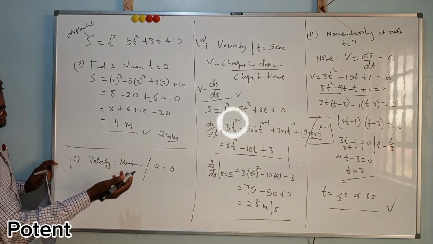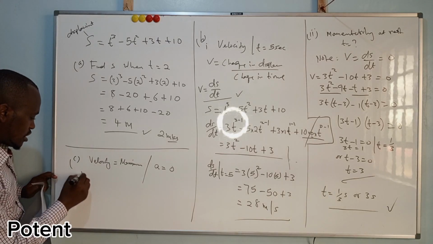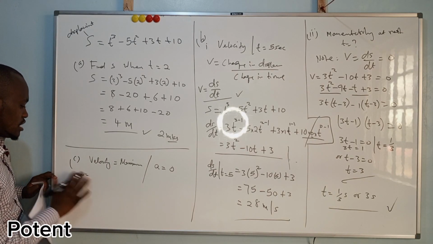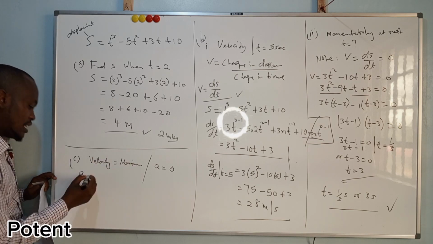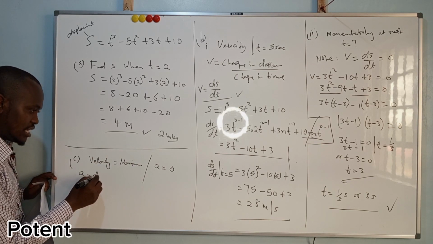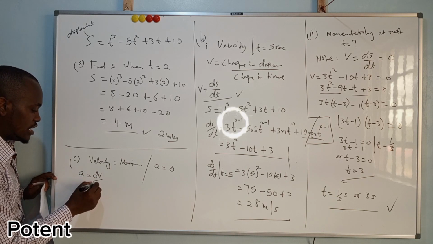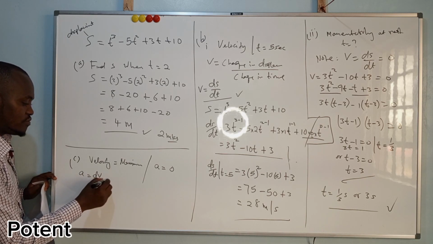Now we need to find the acceleration so that we can equate it to 0. Acceleration is equal to change in v over change in time.